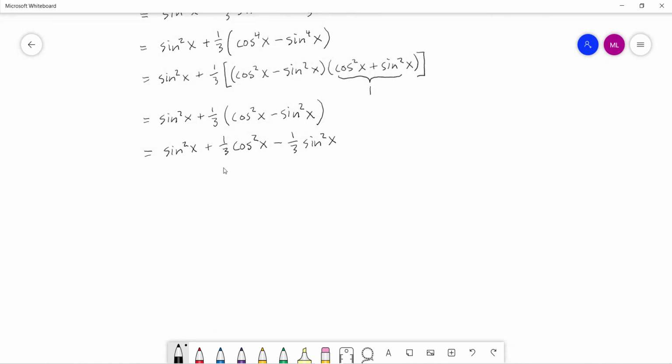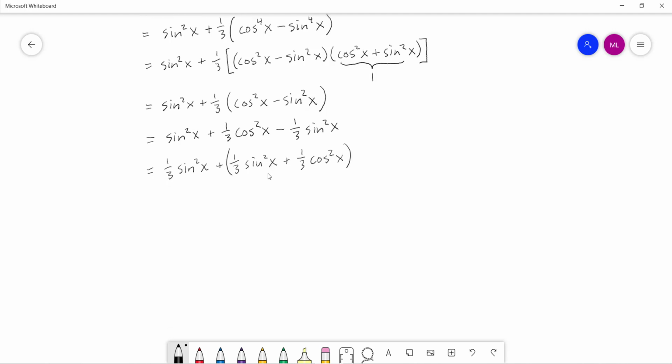Between the two of these, I really have a positive 2/3 sine squared. But let me break that up into a positive 1/3 sine squared of x plus another positive 1/3 sine squared of x. So again, this one plus this one gives me 2/3, and I've broken it up into two separate 1/3. Why? So I can group one of them with this cosine squared.